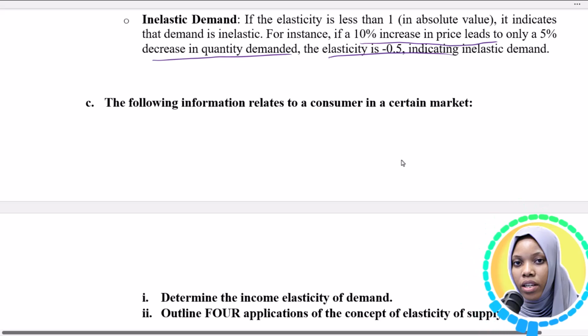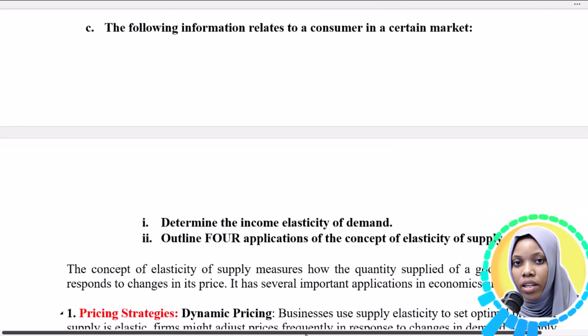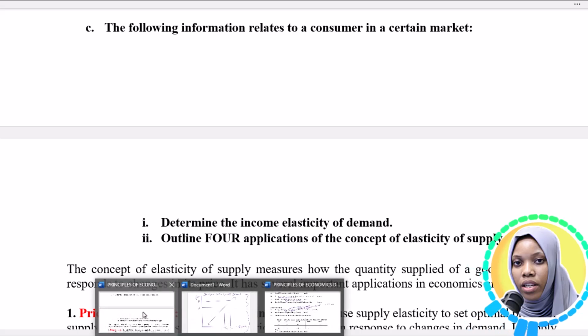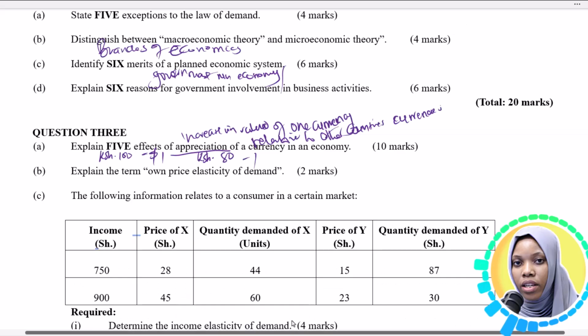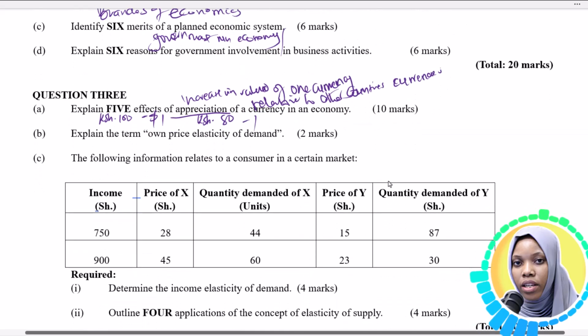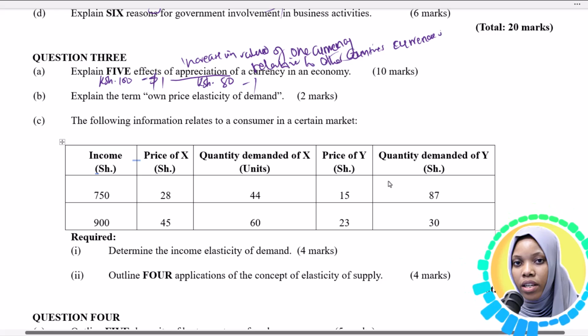And now we'll go to another question. That is the own price elasticity of demand. We are done with that. Now here, the following information, part C, that is question 3, part C. The following information relates to a consumer in a certain market.